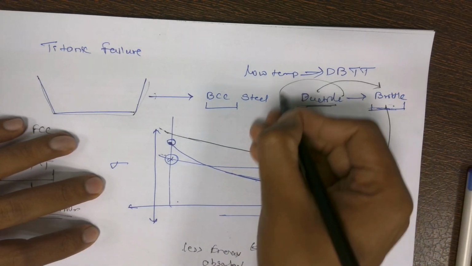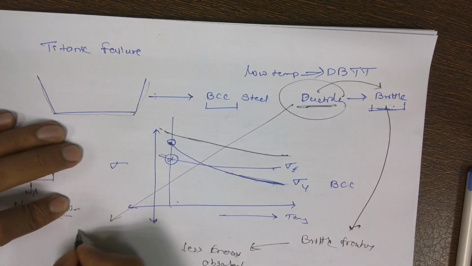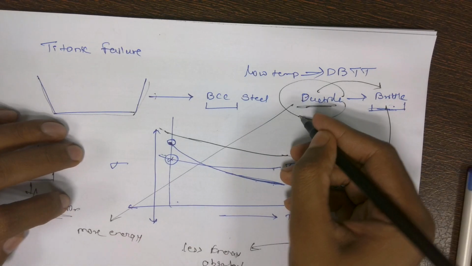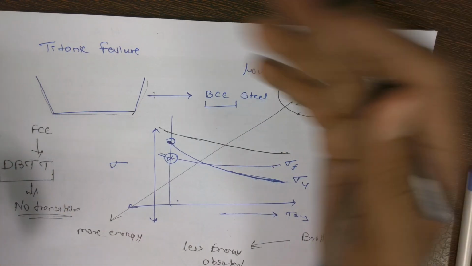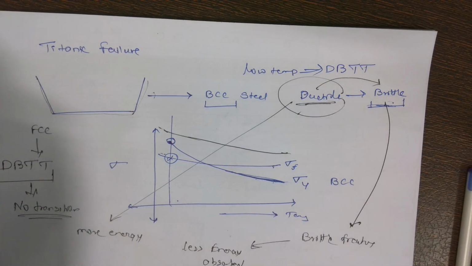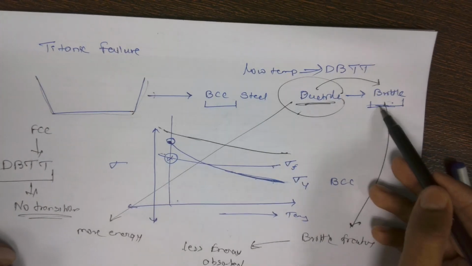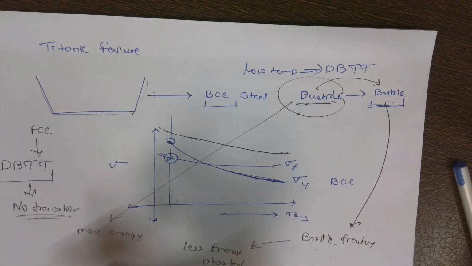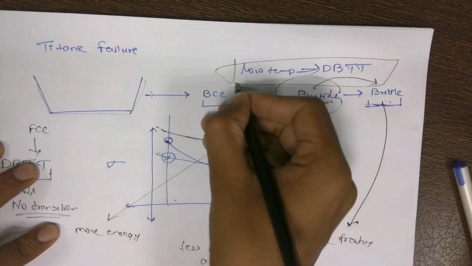While if the material had been ductile, it would have absorbed more energy. If the ductile material had hit the iceberg, it would have absorbed more energy and it wouldn't have fractured. But in the brittle fracture, it absorbed very little energy and so it fractured. So this is the reason for the Titanic failure, and it is related to the ductile to brittle transition temperature.